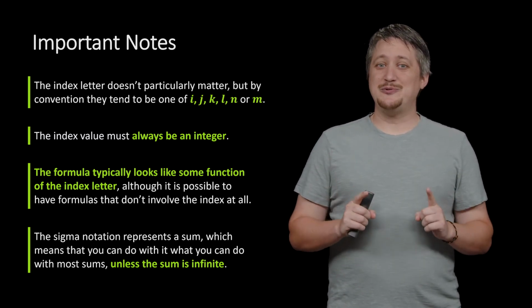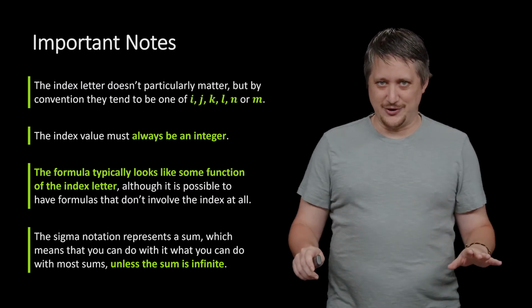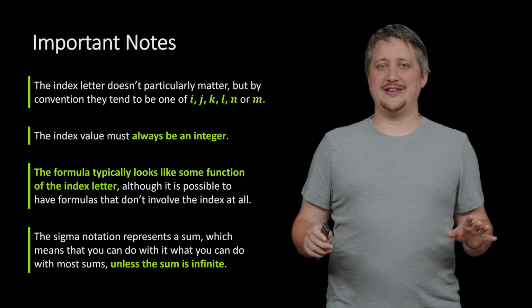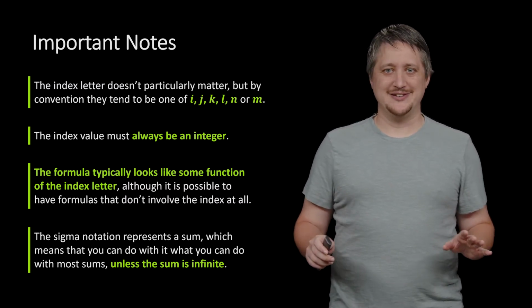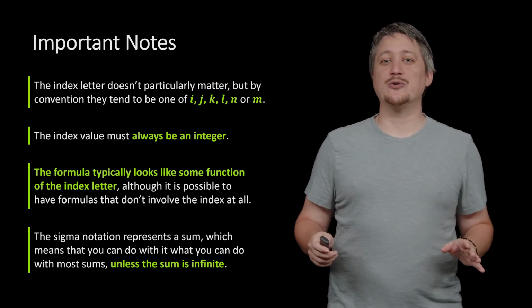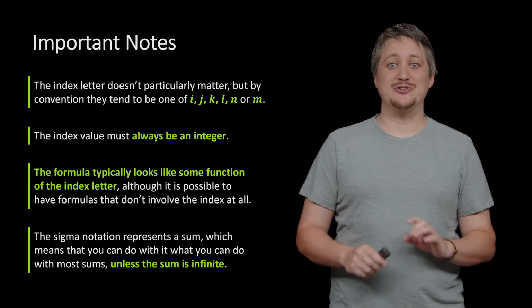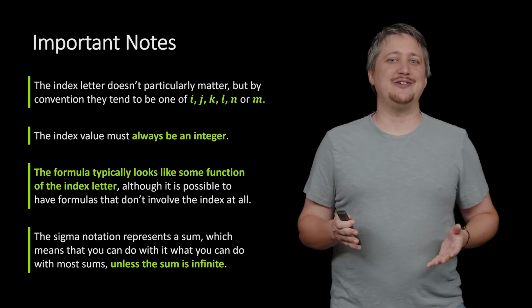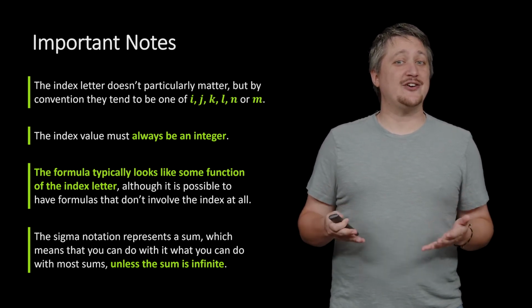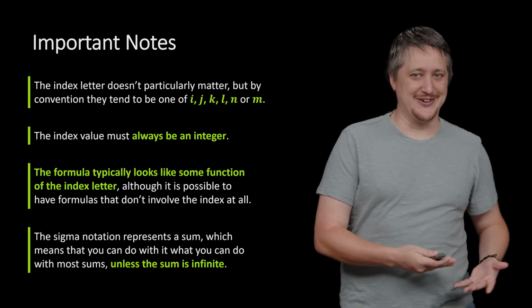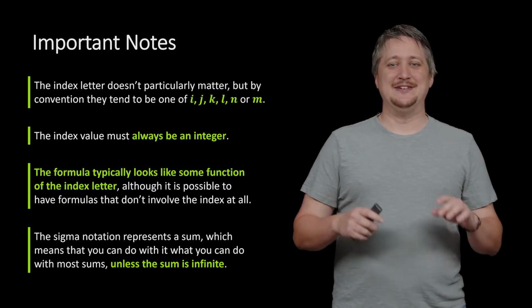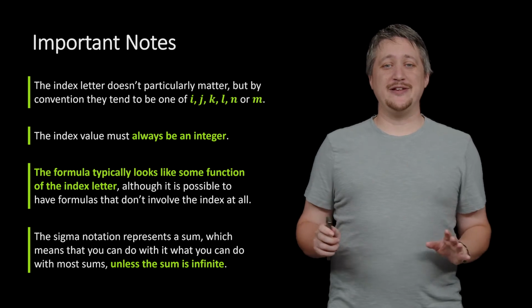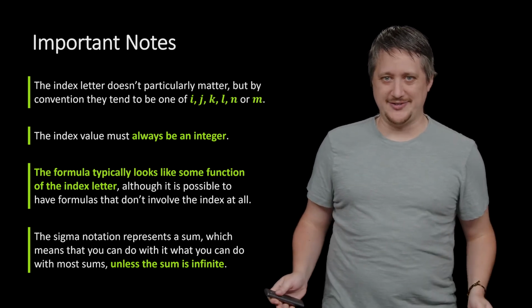If the sum goes to infinity, all bets are off. And I cannot stress that enough. Everything breaks to the point where even rearranging the order can change the value, which is really weird to think about, that if you change the order that you add stuff together, it is actually then possible to get a different answer if you're looking at infinity. The rule of thumb is whenever infinity is involved, everything breaks.